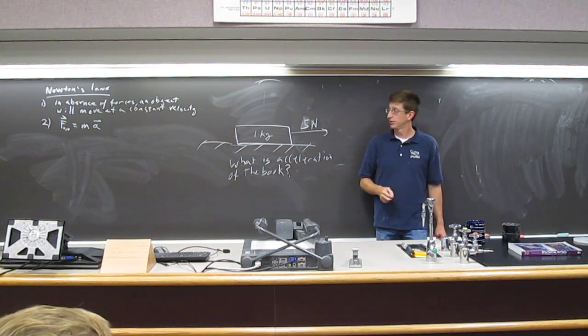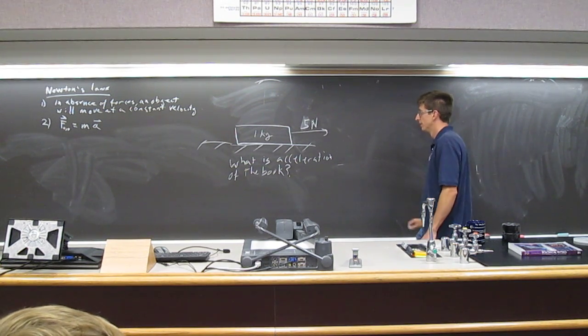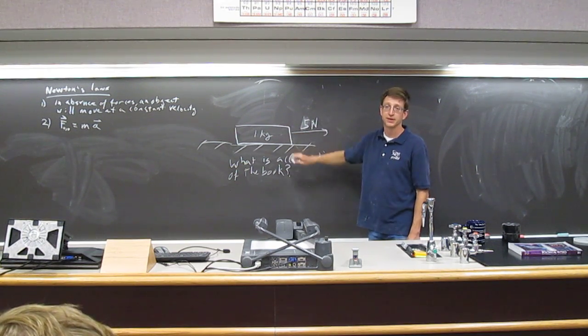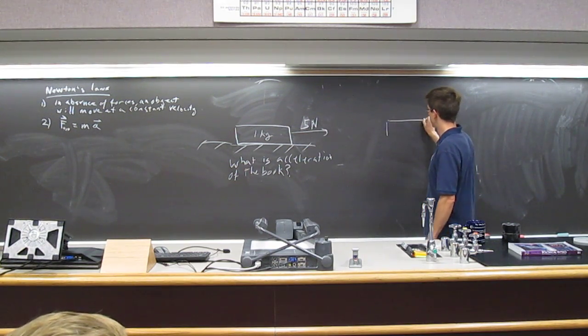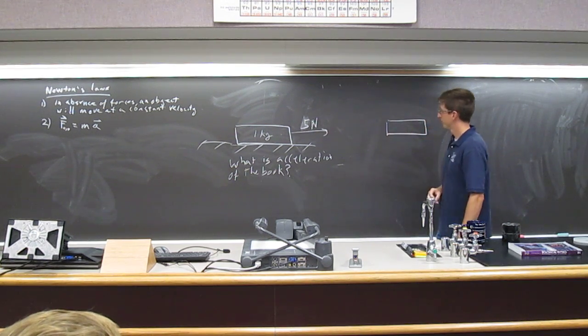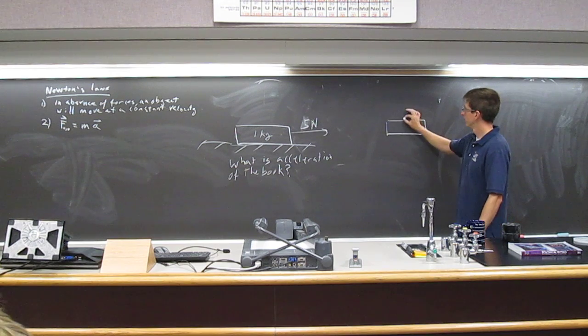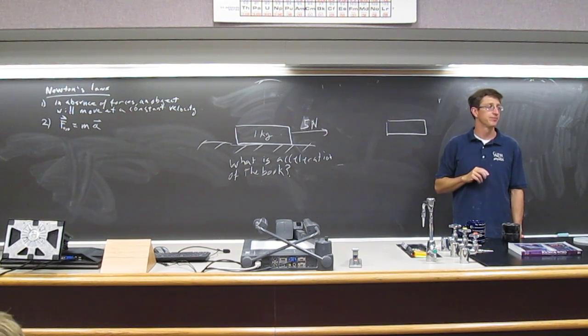And so what we would do is just add up the forces on here. If I were to draw a free body diagram for that book, what are the forces on it? Gravity.